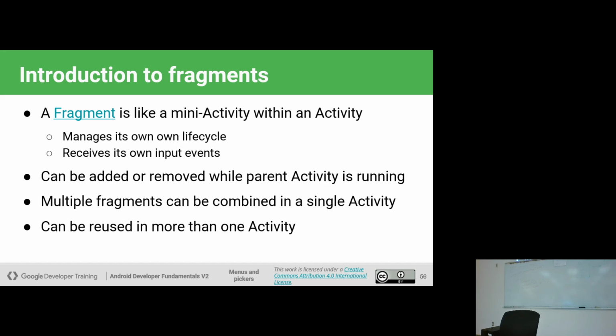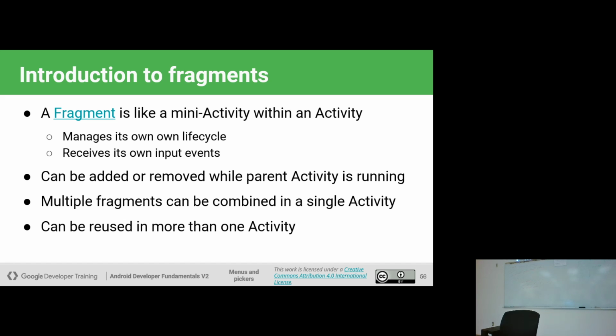So we can actually dynamically swap fragments in and out. One of the things that means, though, is that the lifecycle methods that we get on fragments are tied to us adding and removing them, not to when the activity is created, destroyed, etc. That becomes part of it.